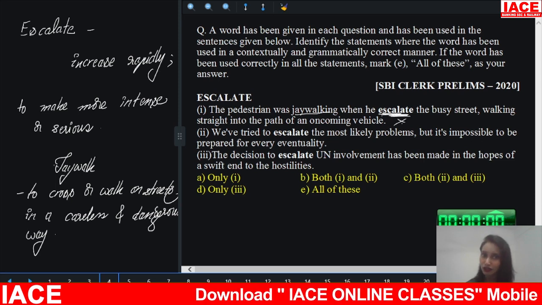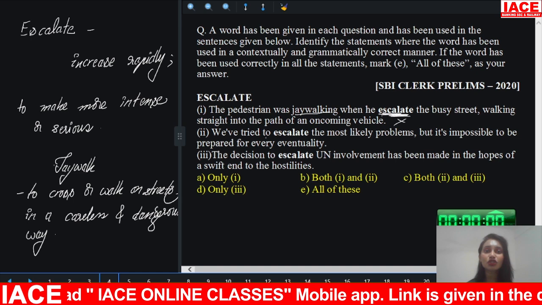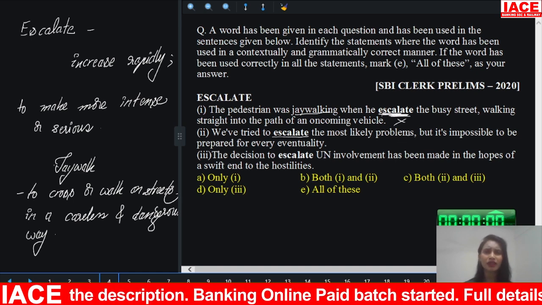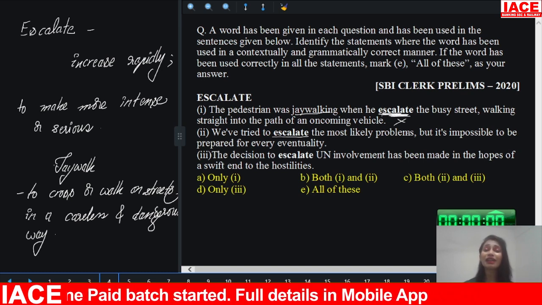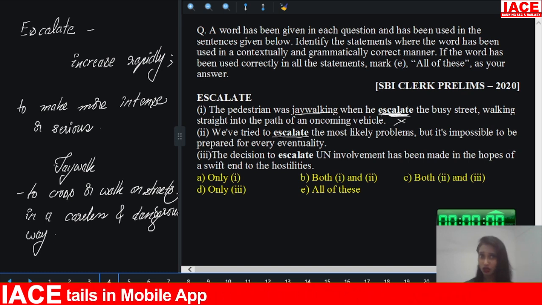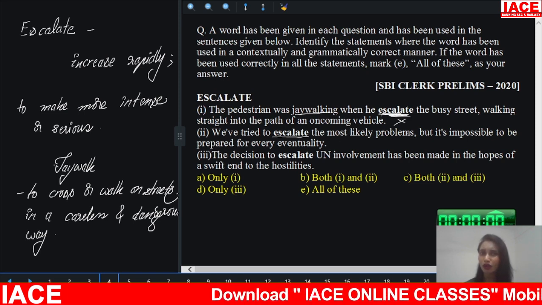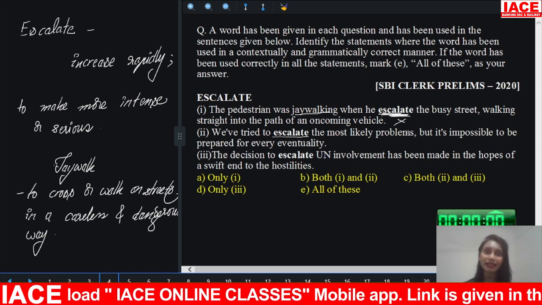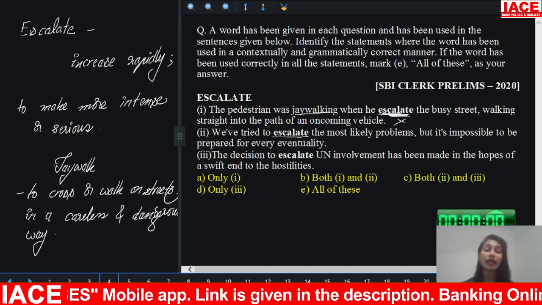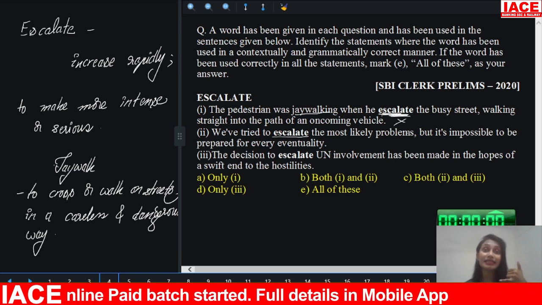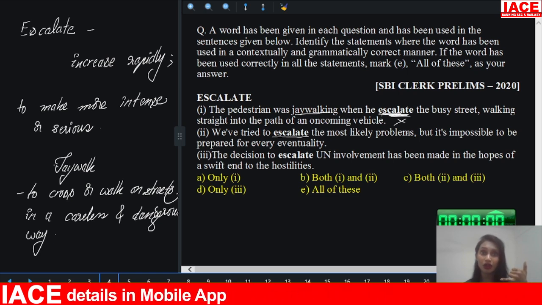Now look at sentence 2. We have tried to escalate the most likely problems. You see, when you give a complaint to any customer care, once you made a call and they receive the complaint, and after some days, if they didn't respond, you make a call again, and then they generally say, certainly we'll escalate your complaint, we escalate this issue, right?